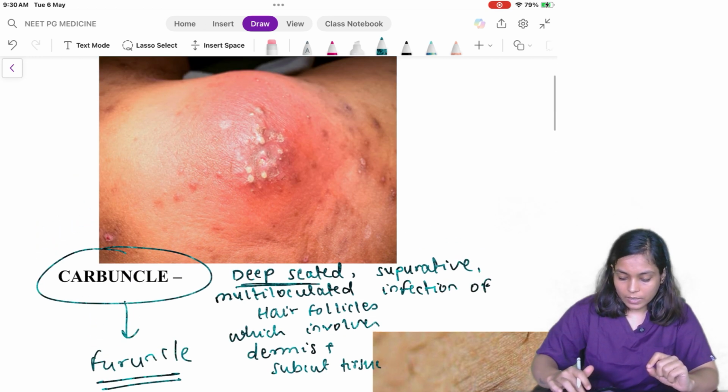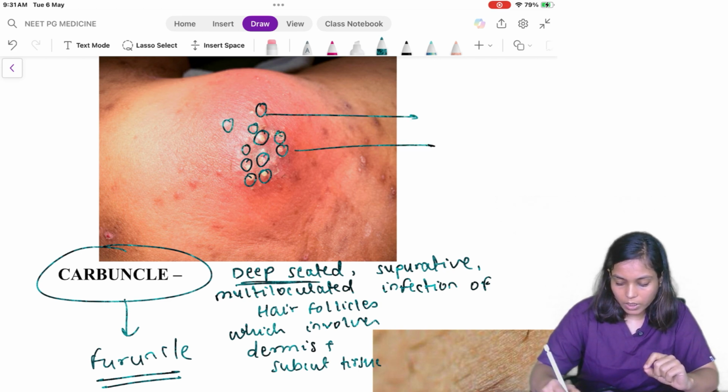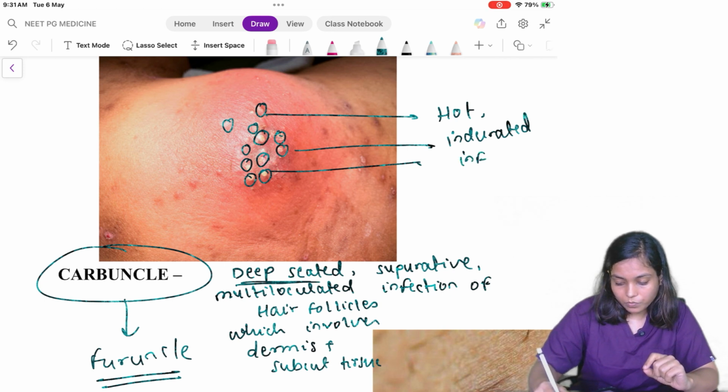So let's see. If this is carbuncle, you can see multiple hair follicles which are getting involved. It looks hot, indurated, inflamed, suppurative infection.